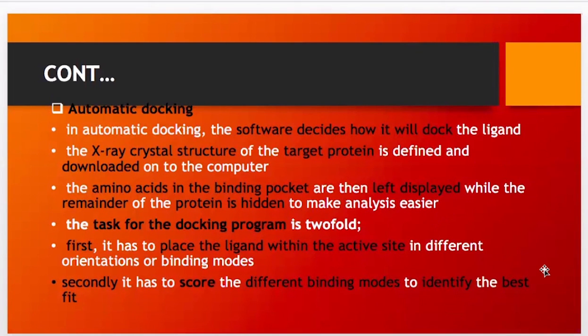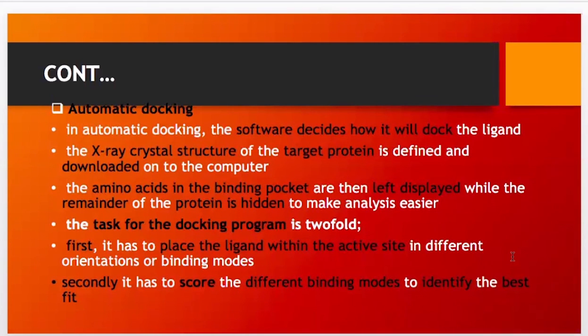So, how is that done? The first thing, we have issues of X-ray crystal structures being involved. The crystal structure of your target protein can be downloaded on the computer.